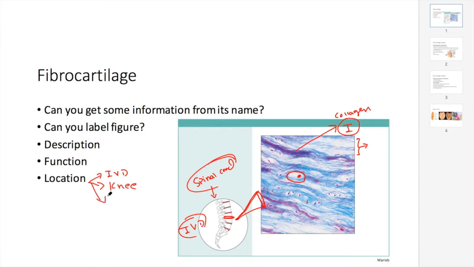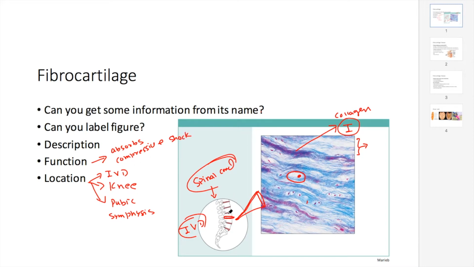You can also find this in the pubic symphysis. The main function of this is to absorb compressive shock.